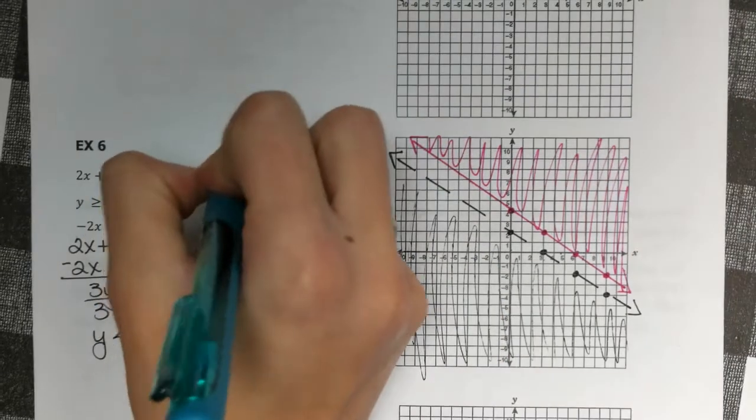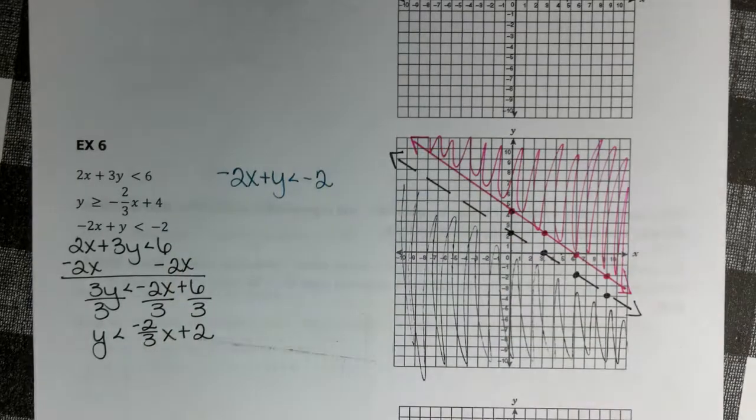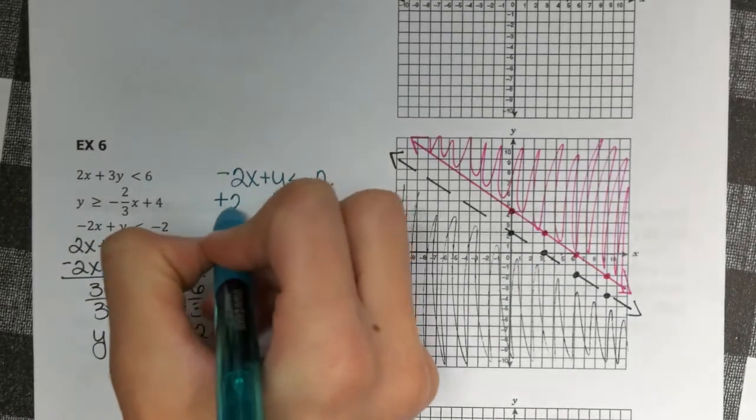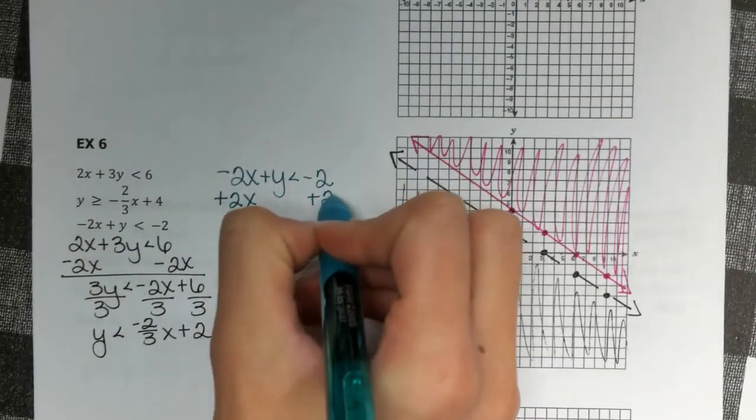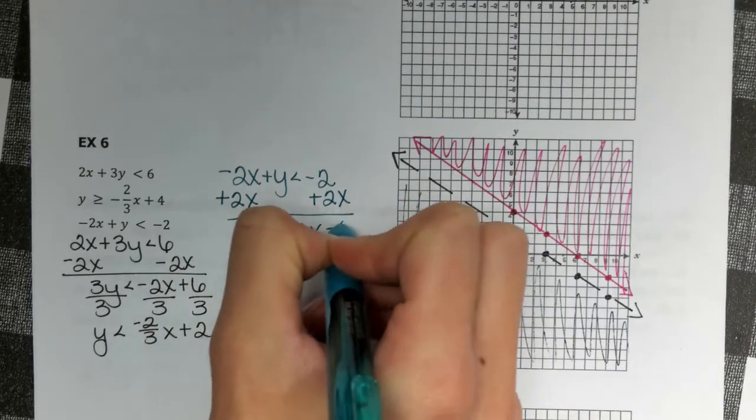And then I take the negative 2x plus y is less than negative 2. I'm going to add 2x. Y is less than 2x minus 2.